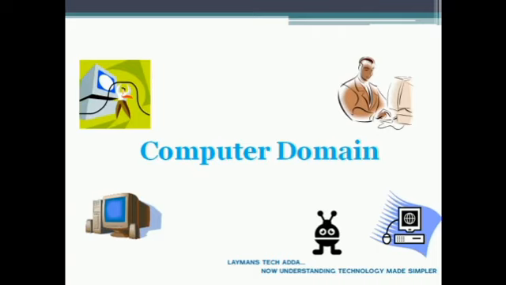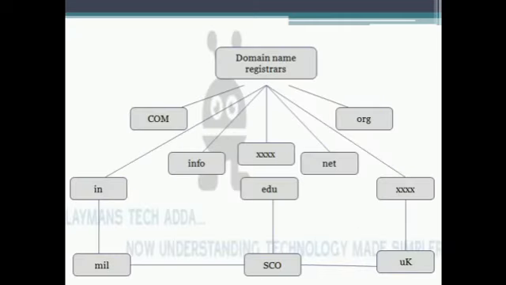Now, in internet terms, what is a domain? In internet terms, some of the top level domains are like .com, .org, .edu, etc., for which you can register the domain name.